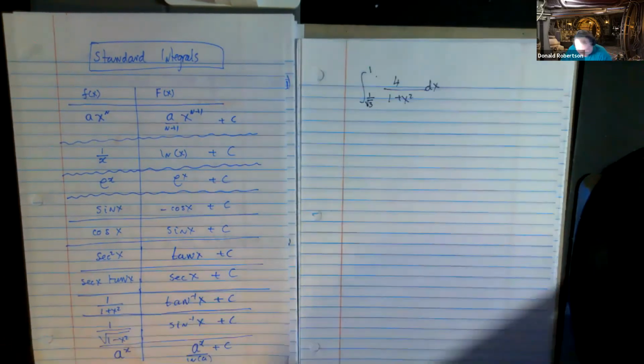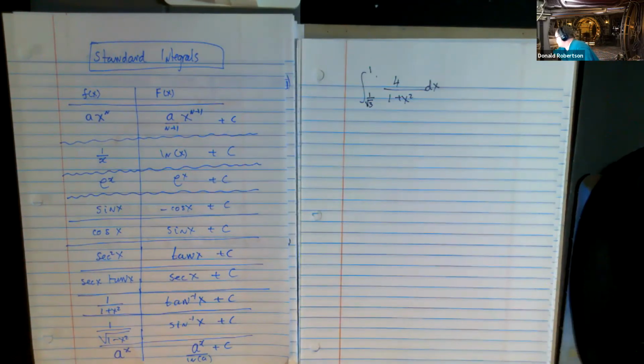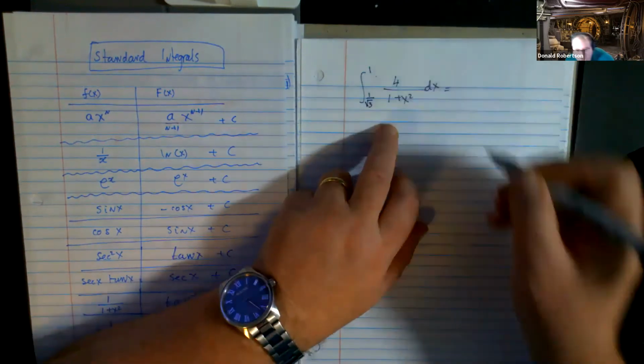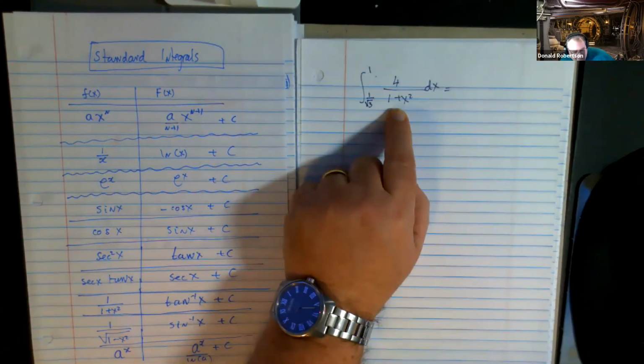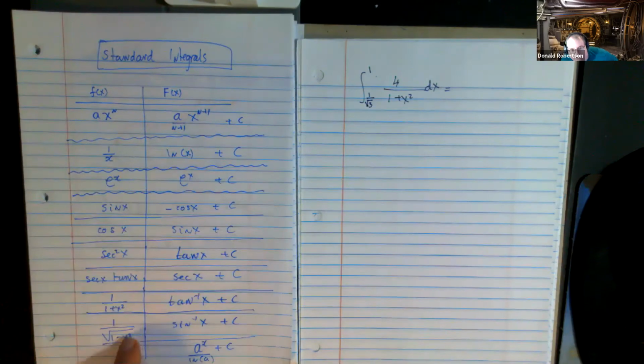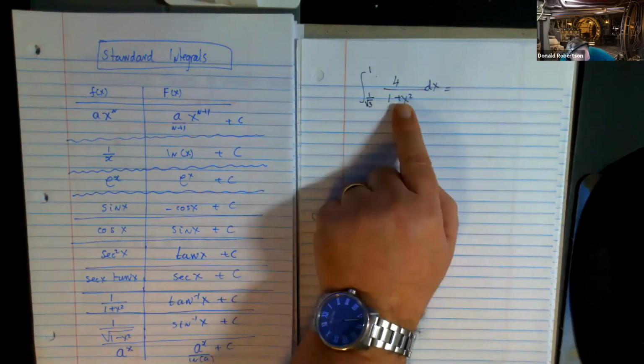So there are going to be two distinct problems with this question. The first one is the antiderivative issue. And the reason I kept this here is this guy is one of these.